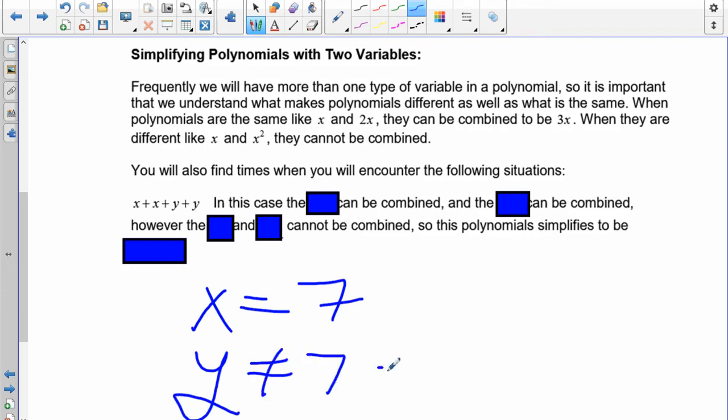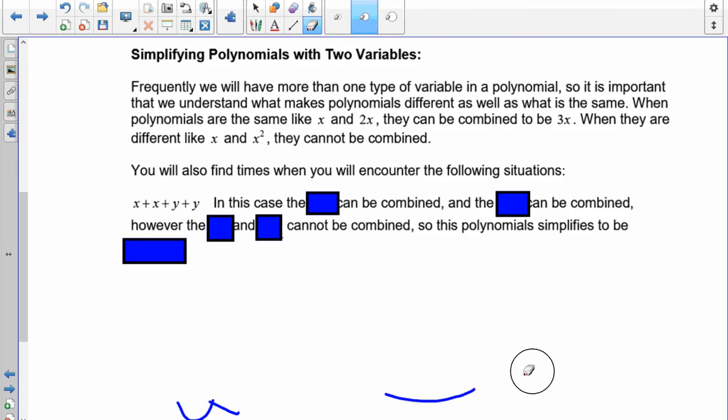It has to be everything else. Okay? So it could be any number, but it can't be a 7. Because if it was a 7, you would just have x and x. So whenever you see different variables, it means x is one number, and a different variable is a different number. All right? So let's take a look here.